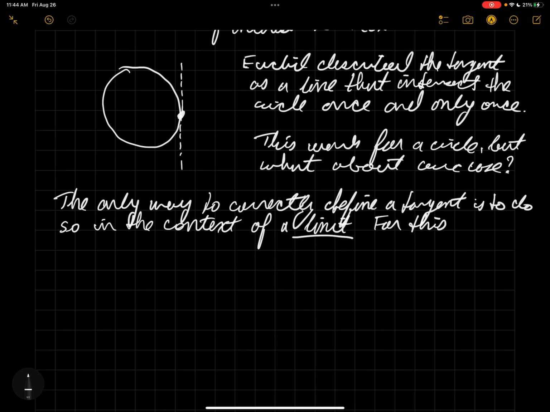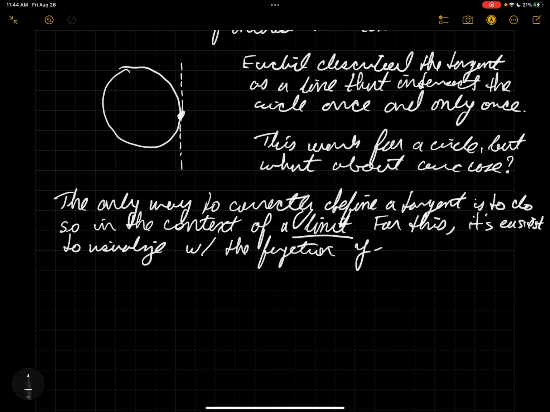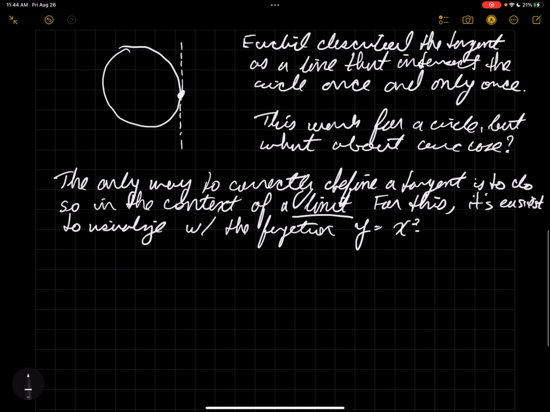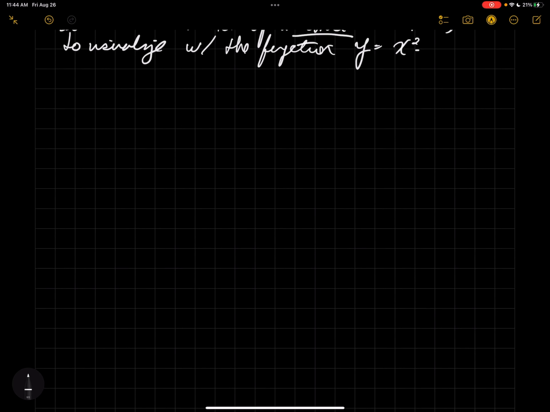But at least for now, to visualize what we mean by a limit, it's easiest to visualize with the function y equals x squared, okay? So let's go ahead and draw y equals x squared.